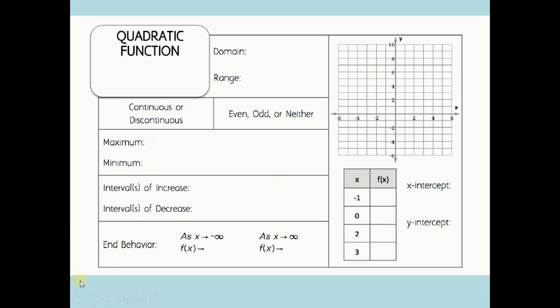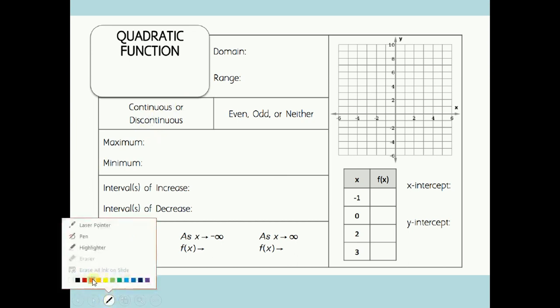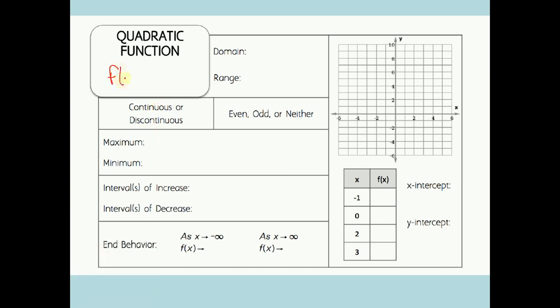So, let's take a look at what the parent function of a quadratic looks like. That would be something like f of x equals x squared would be our parent. Filling in my table down here, if I plug in -1, -1 squared is 1, 0 squared is 0, 2 squared that's 4, 3 squared is 9.